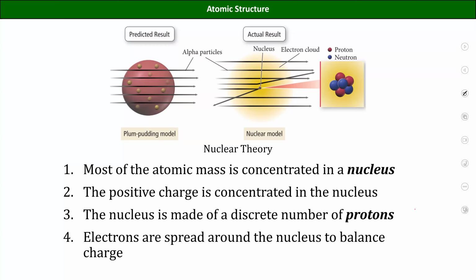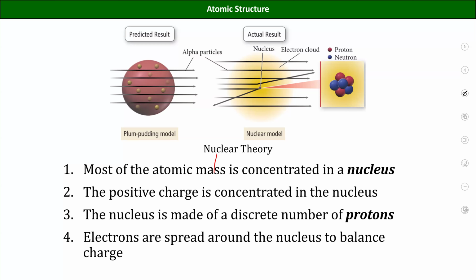Basically, he said, okay, if the electrons only happen in whole numbers, then the protons have to happen only in whole numbers, because they've got to cancel each other out. And all of the electrons are in this sort of cloud around the nucleus.